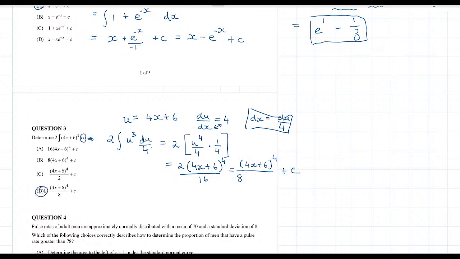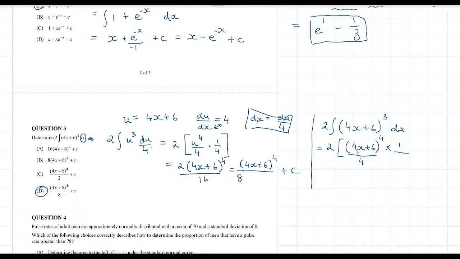So that's d. Another way to do this, if you don't actually want to sub in u, is just go, so is 2 times 4x plus 6 to the power of 3. What you do first is you integrate the bracket. So that's going to become 4x plus 6 to the power of 4 divided by 4, and times this by 1 over the derivative of the bracket.